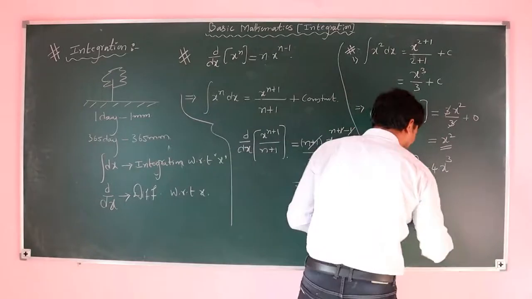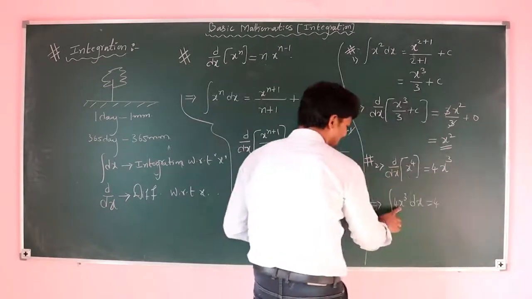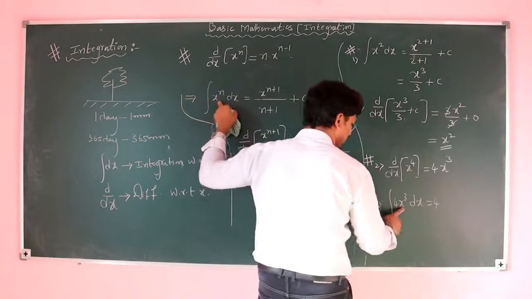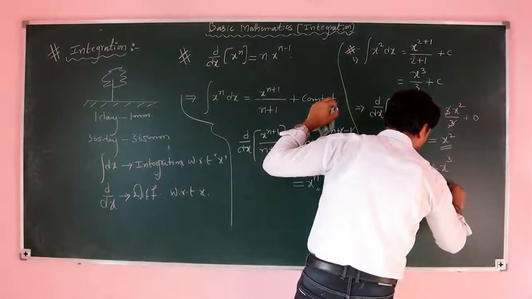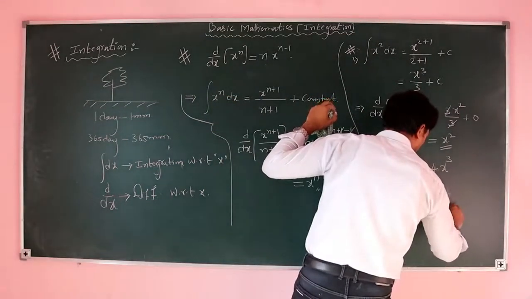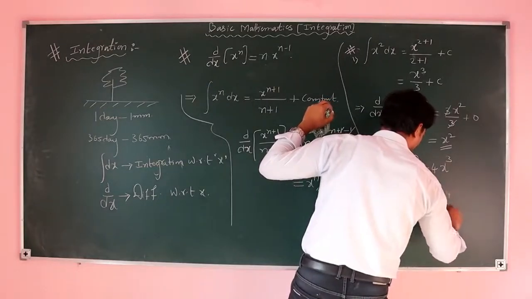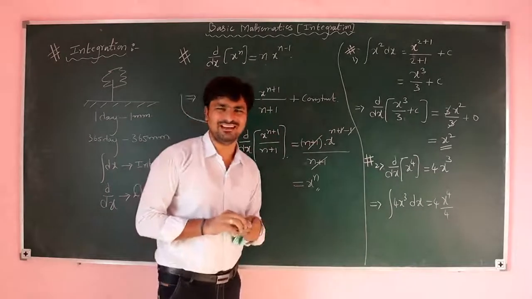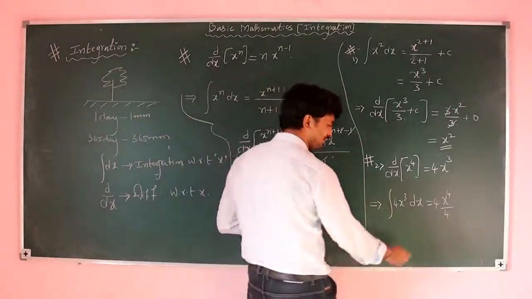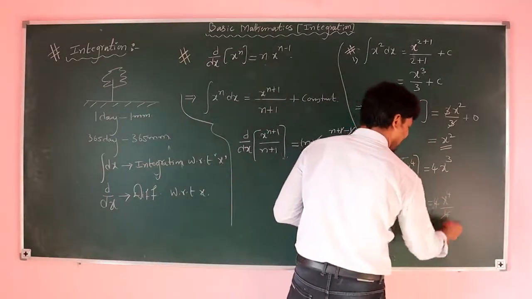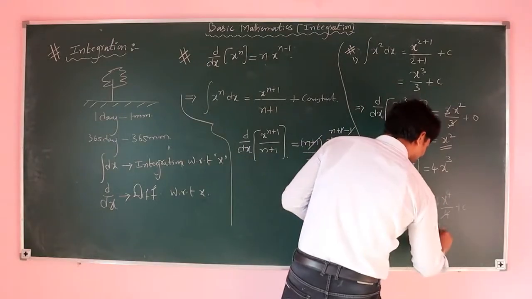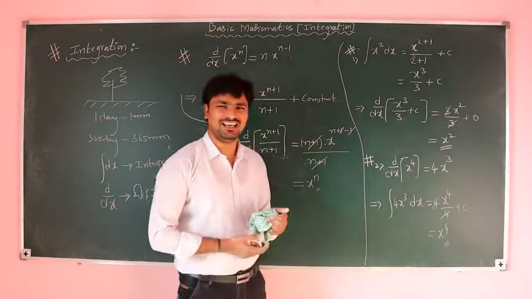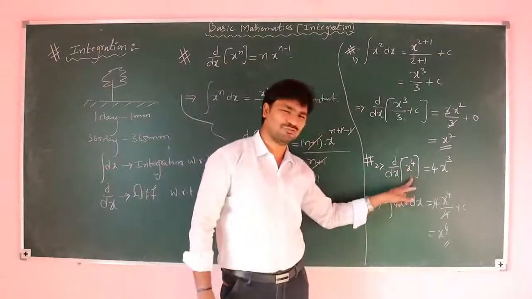So 4 is like that only. Then x cube is like x power n. The integration of x cube is x to the power of 3 plus 1 upon 3 plus 1. So 4 cancelled, plus maybe a constant. Then how much did you get? X power 4 only.